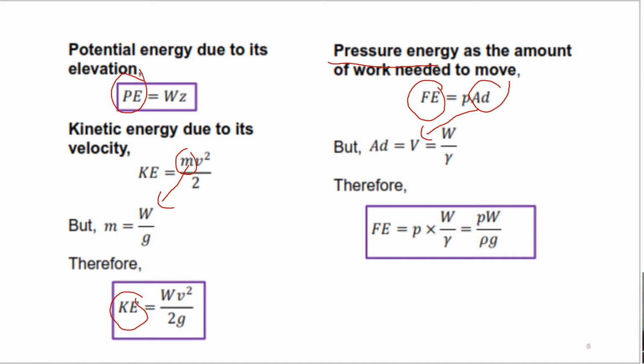Gamma is the specific weight. Therefore, the formula for pressure energy is pressure times weight divided by density times gravity.